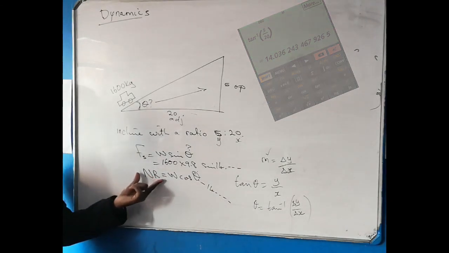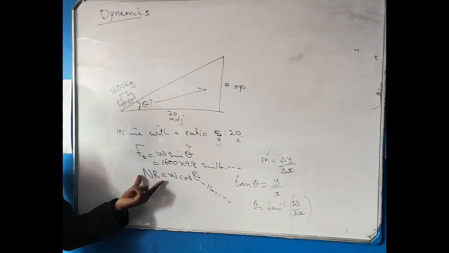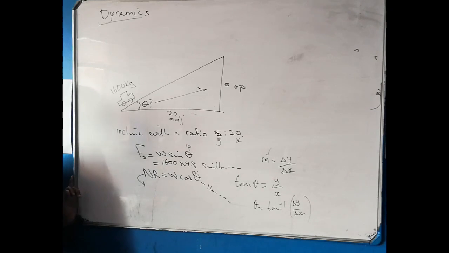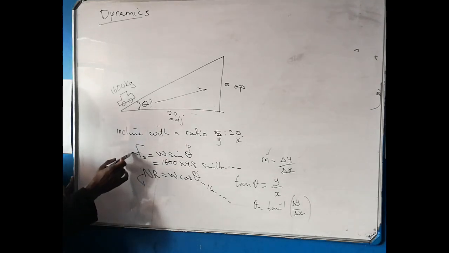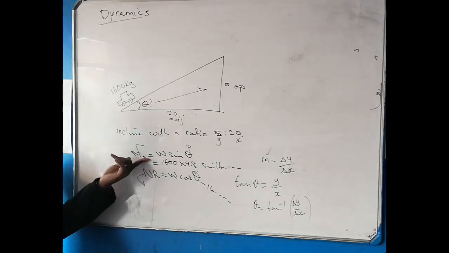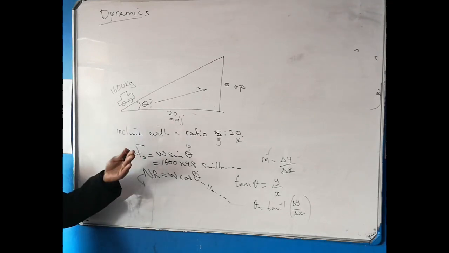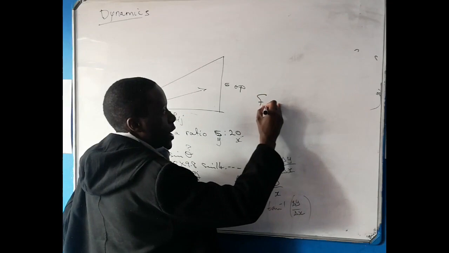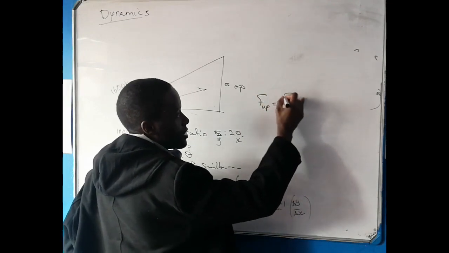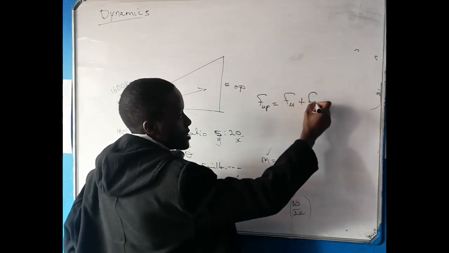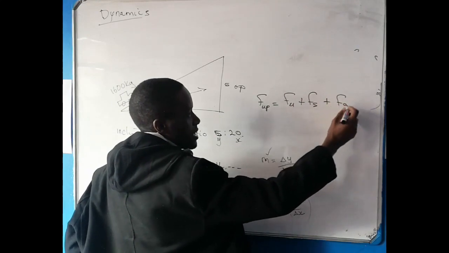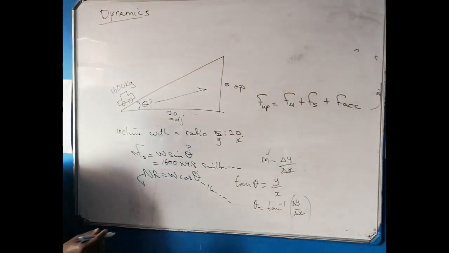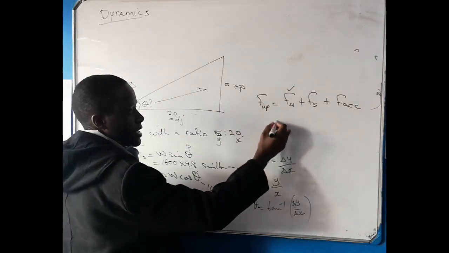When we come to calculate the normal reaction, where do we need it? In calculating the friction force. Where do we need the sliding force? In knowing how much force is opposing when the object is going upwards. Remember what I wrote? The force needed to go up the incline will be the friction force plus your sliding force plus your mass times acceleration.